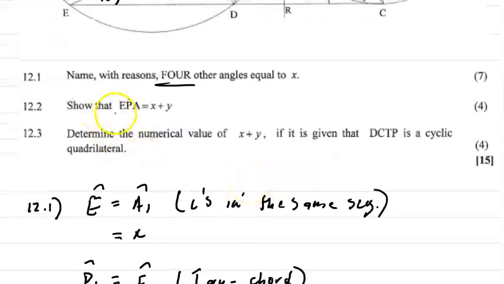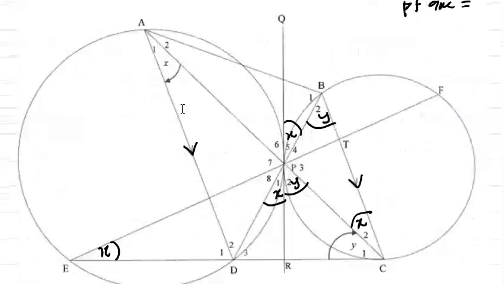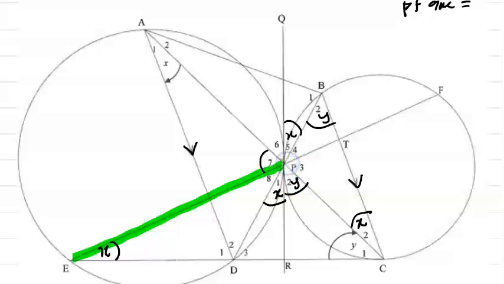The next question says, show that EPA equals X plus Y. If I look at EPA, they basically want me to find P7. If I look at this particular triangle, EPC, what do you notice?